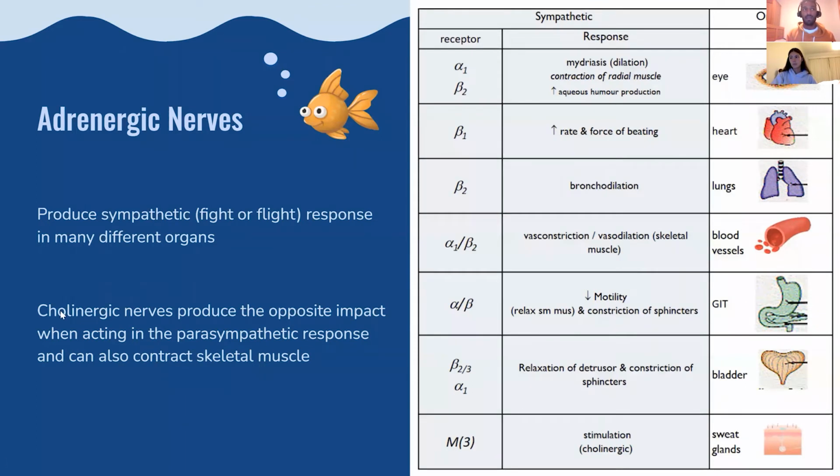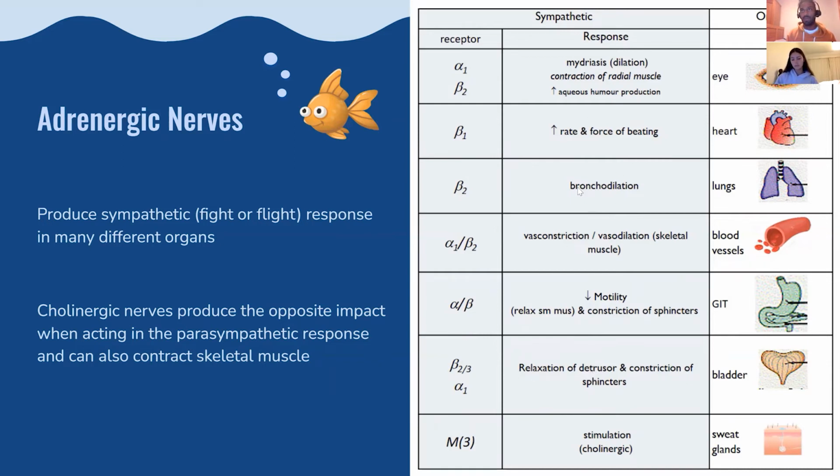Cholinergic nerves also act on skeletal muscle. So it can be helpful to know some of these receptors, and really the response is just the opposite. This is the sympathetic table. The response is quite simply the opposite if you're looking at a parasympathetic response.